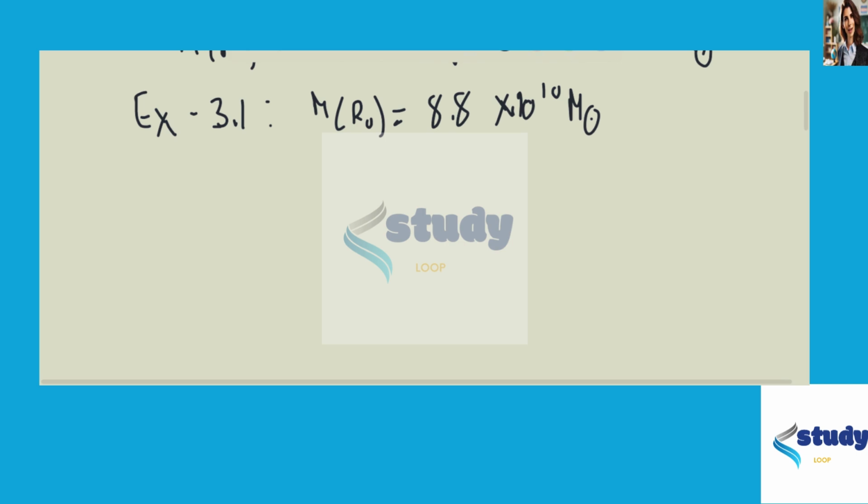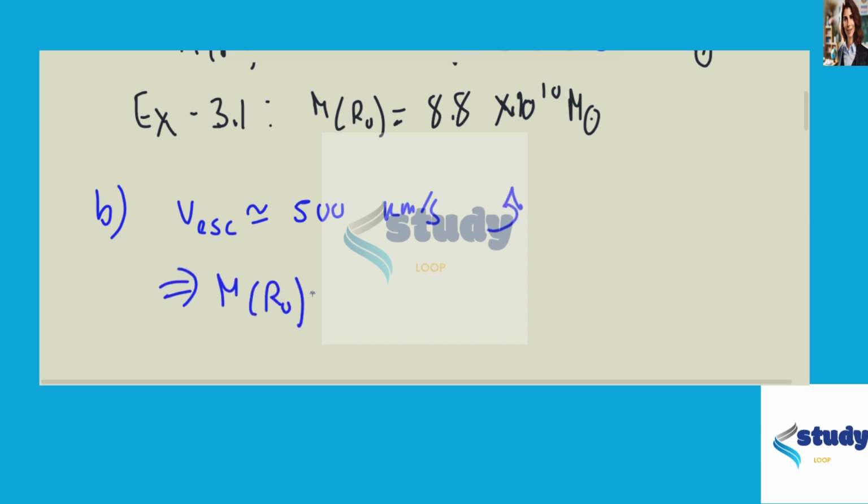And for part B, we're taking extremely high velocity stars, so these have an escape velocity of around 500 kilometers per second. And so replace that in the equation above, and this will give you a mass within r naught of 4.5 times 10 to the 44 grams, which is about 2.25 times 10 to the 11 solar masses.